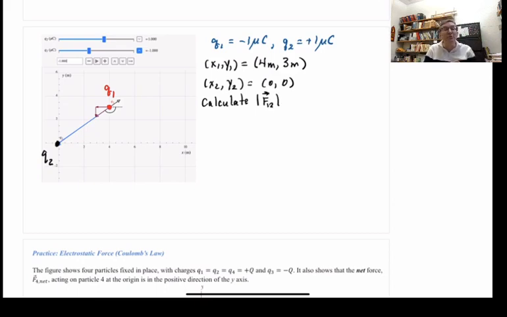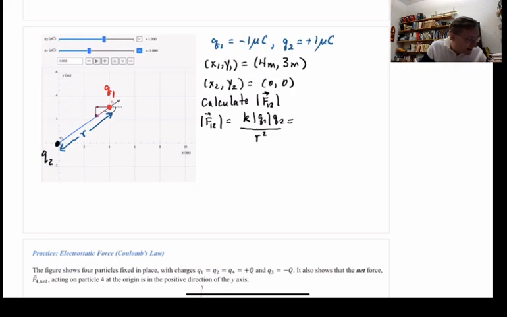We need to be able to use Coulomb's law to do that. Magnitude of force on 1 due to 2 will be K times the magnitude of Q1, because I don't want any negatives, times Q2, it's already positive, over r squared. R, remember, is the straight line distance between the two particles. Okay? All right, let's plug in numbers.